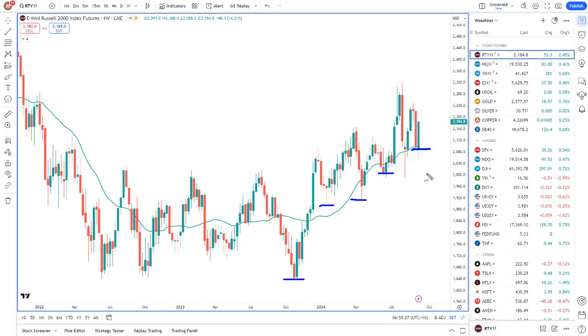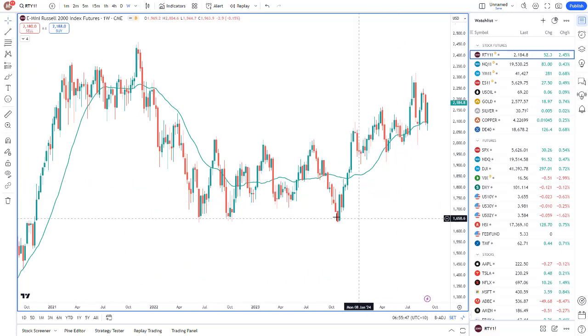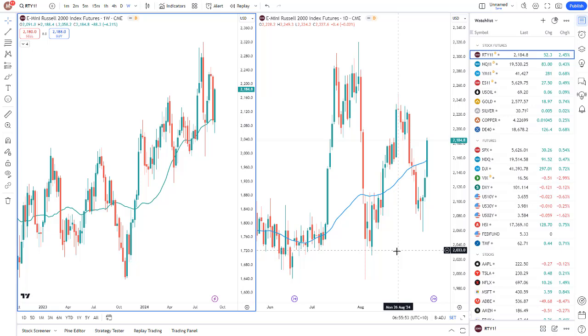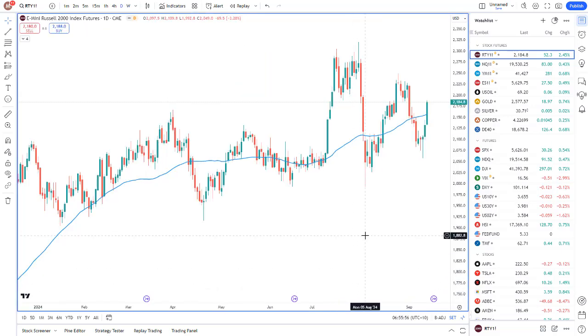So the trend is still what? Up with the Russell, okay? I believe the Russell is getting ready for some serious up move. I've been long the Russell the entire year, so I really do see a great rotation happening there.